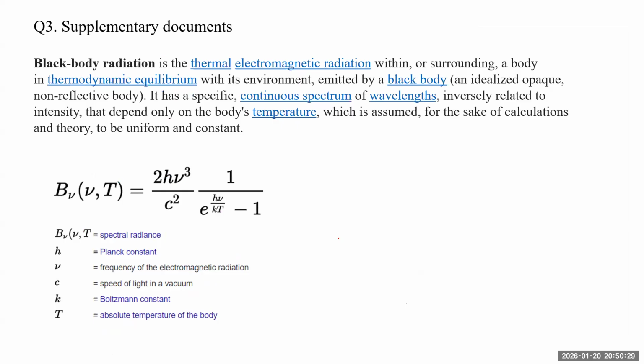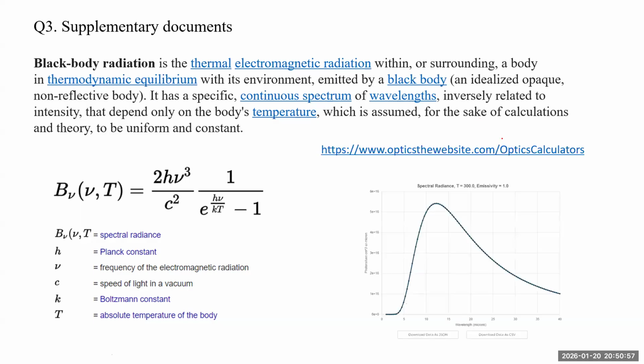To understand thermal radiation: our buildings, you and me, we radiate heat into our surroundings. So how to calculate? Here is the equation. If it has a specific continuous spectrum wavelength, I do the calculation using this calculator.